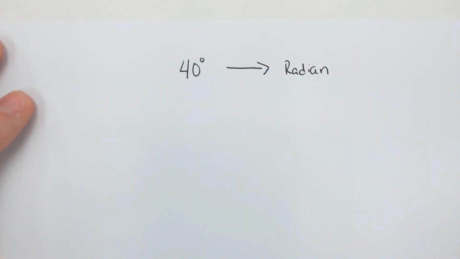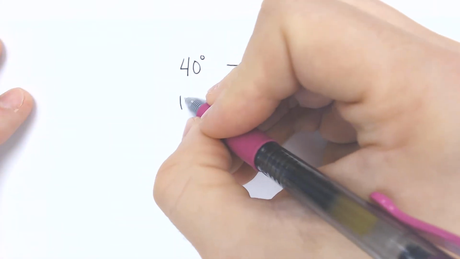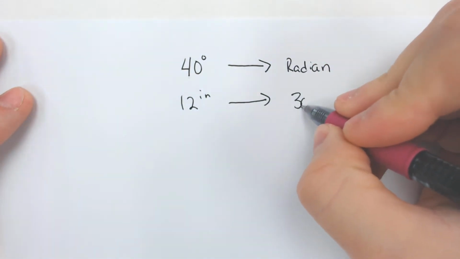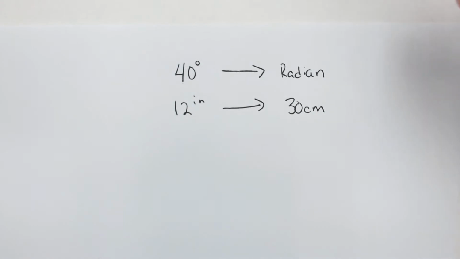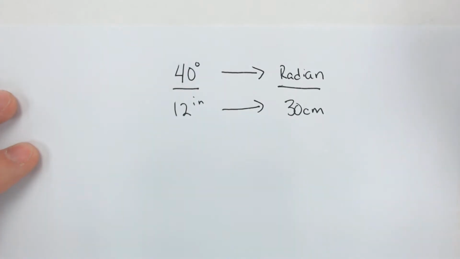It is no different than me saying that this piece of paper is 12 inches, or you could have said it's around 30 centimeters. It's the same idea where you go from one unit of measurement to another. So 40 degrees versus so many radians is just a different way to represent 40 degrees.